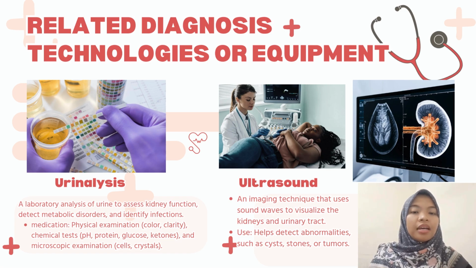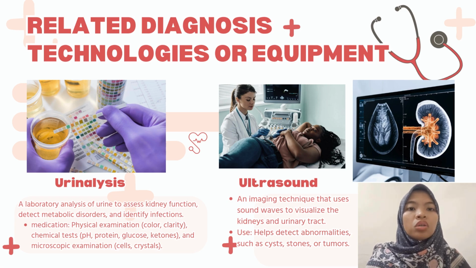So, these are related diagnosis technologies or equipment that medical professionals use. First is urinalysis. Urinalysis is a laboratory analysis of urine to assess kidney function, detect metabolic disorders, and identify infections.